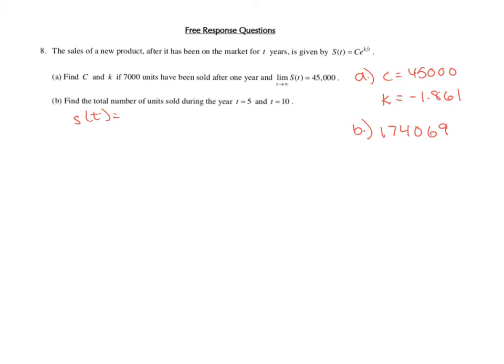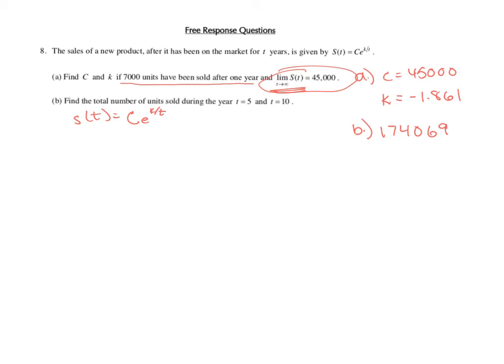Anyway, so for part A, we have S of t is C e to the k over t. We're told that as t goes to infinity, this whole expression is going to go to 45,000. And we're told 7,000 units have been sold after 1 year. So we have these two pieces of information. This limit is going to give us the c value.